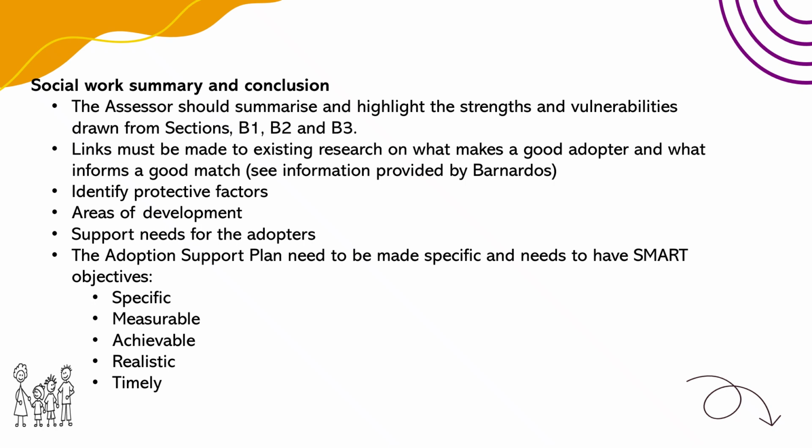There will be the identification of protective factors as well as areas of development. And also there will be an indication of the support needs for the adopters. And then there'll be an adoption support plan, which will need to be specific and SMART in order to meet the needs of the child.